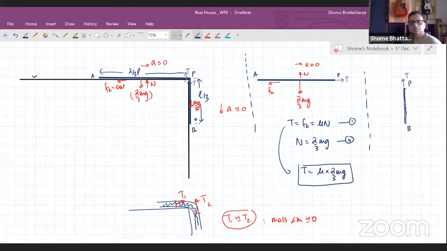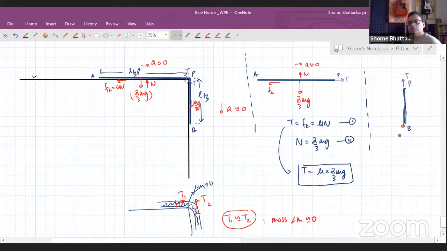This section which is going around the corner, from this to this, its mass is negligible. We write this as a delta m, it is tending to 0. So that's why we can take the tension in the vertical section at the top to be more or less equal to the tension in the horizontal section at the end P.